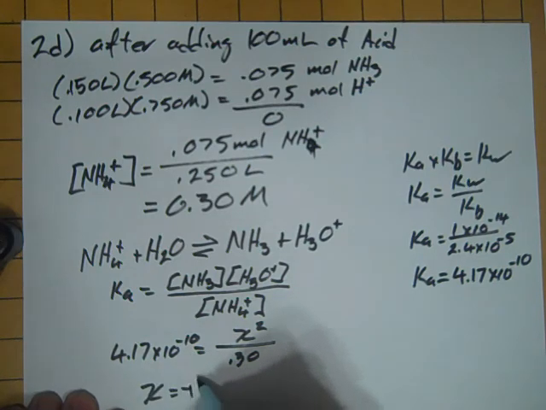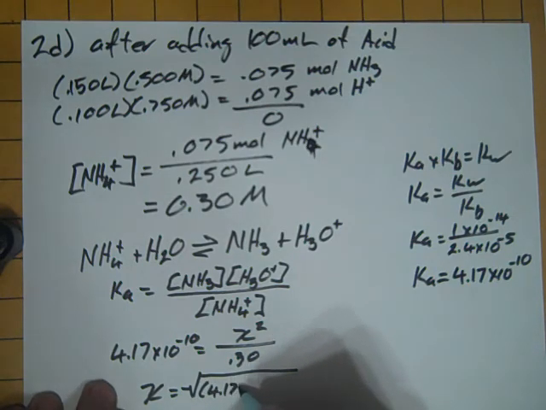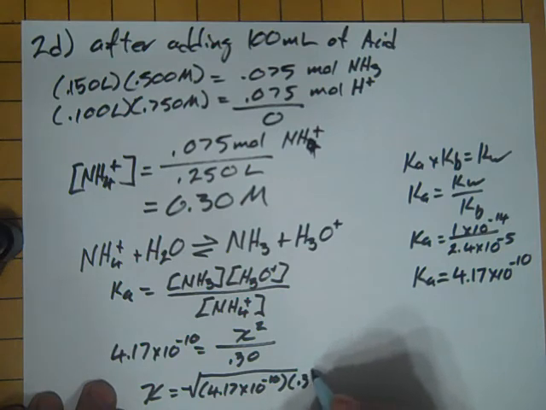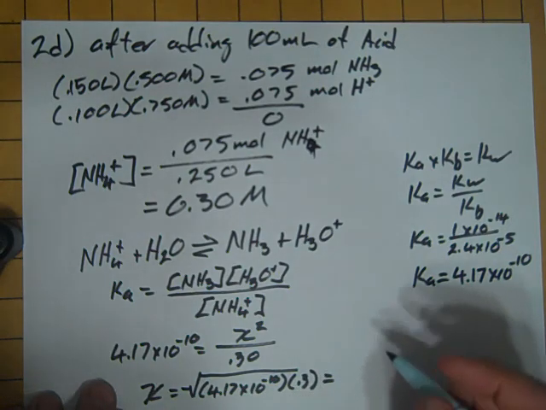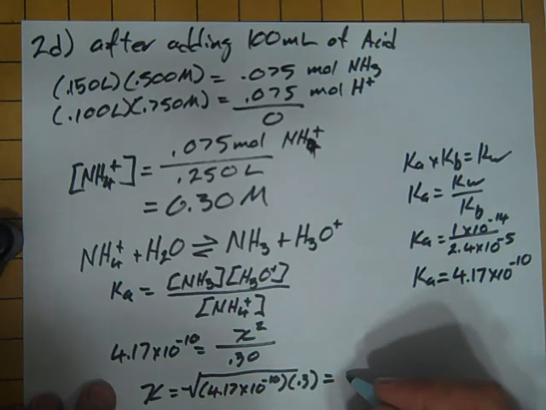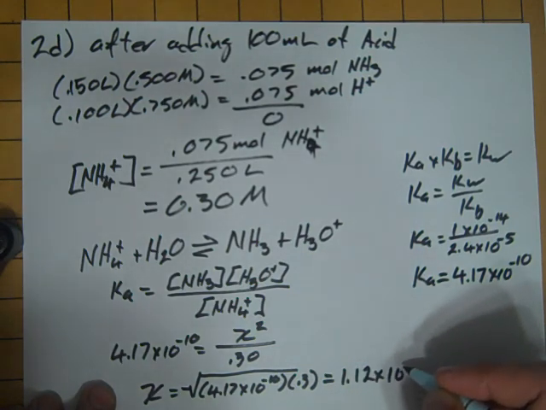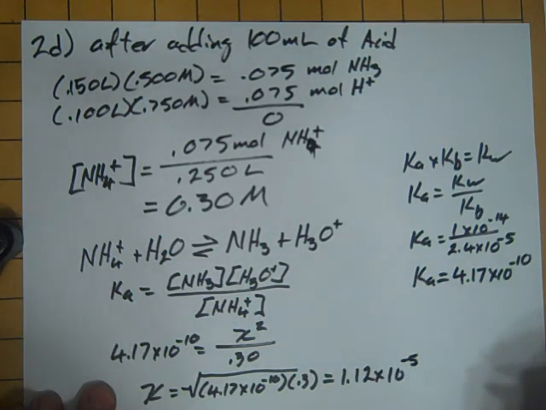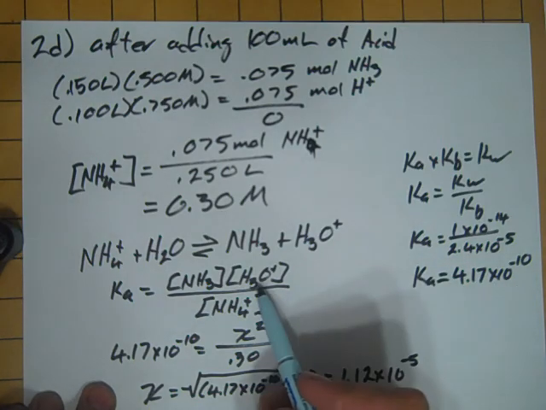X will equal the square root of this Ka, 4.17 times 10 to the minus 10, times this concentration, 0.3, which means X is 1.12 times 10 to the minus 5. X is the concentration of hydronium.